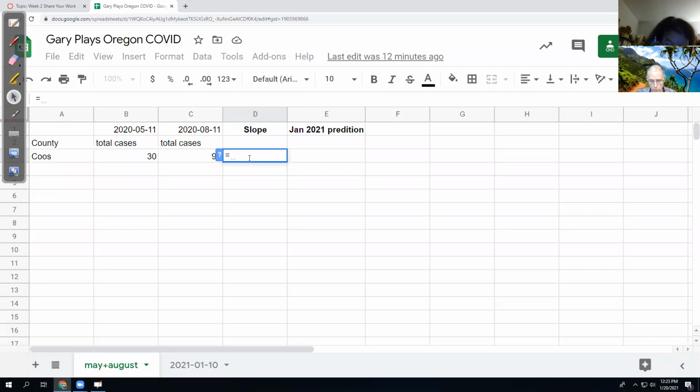If I want to do the slope in one shot, I need parentheses to take this 90 and subtract that 30, and I just click on where they're located. I close the parentheses, and then I can divide by the 3 months that have gone by. And there's the 20 that I wanted for the slope. For the prediction for January, I'm just going to make a note up here that x equals 8 for that, because it's 8 months later.